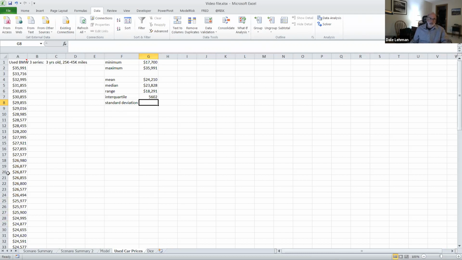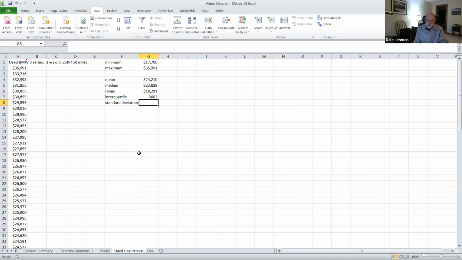Not at all intuitive, except that the best interpretation you can give for the standard deviation, though mathematically it's not exactly equivalent, is that it's a measure of, on average, how far away each car is from that mean. It's not that exact calculation, but it's approximately the same thing.